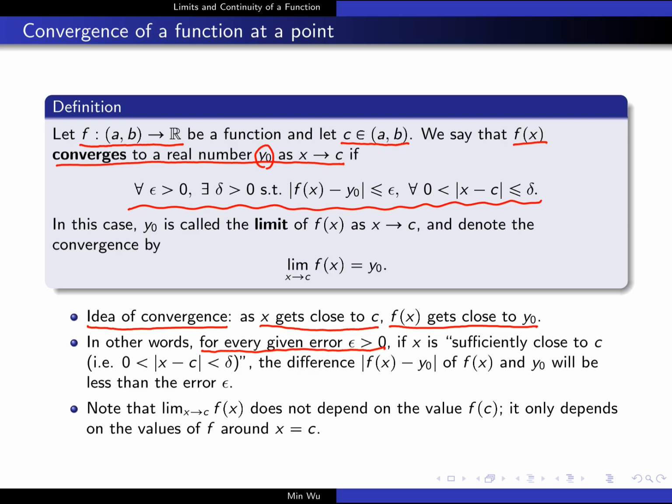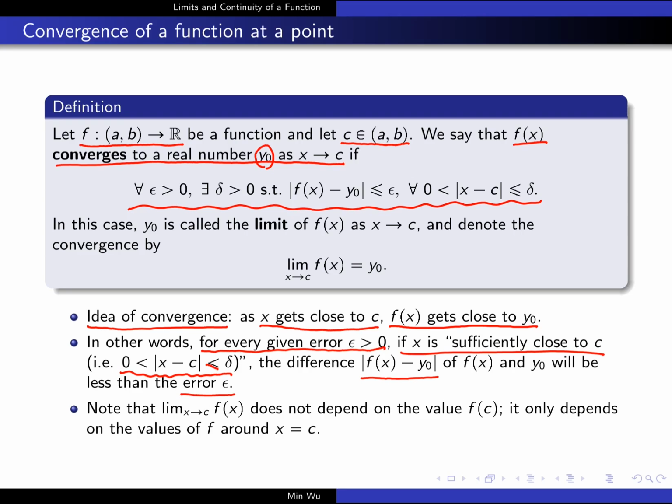So in words, for every given error epsilon greater than 0, if x is sufficiently close to c, mathematically this means that |x - c| will be less than or equal to delta. Actually, I should put it equal to here. And if this happens, then the difference |f(x) - y0| will be less than or equal to the error epsilon.